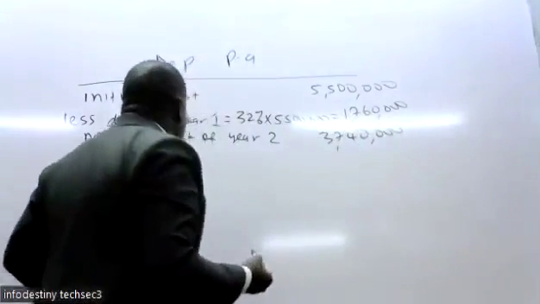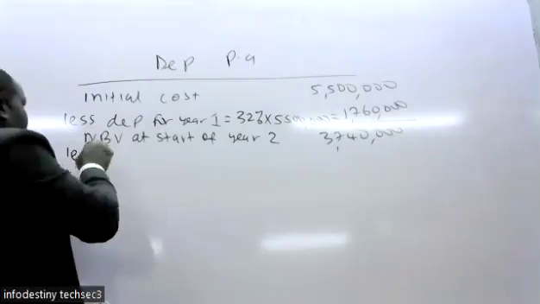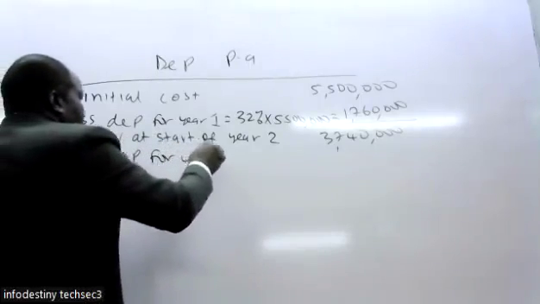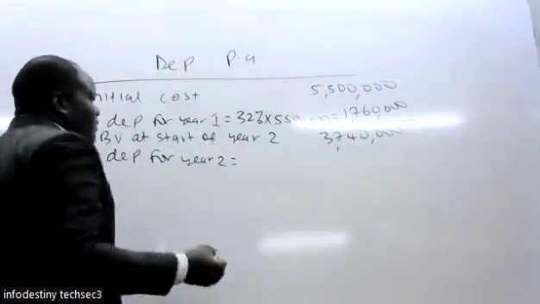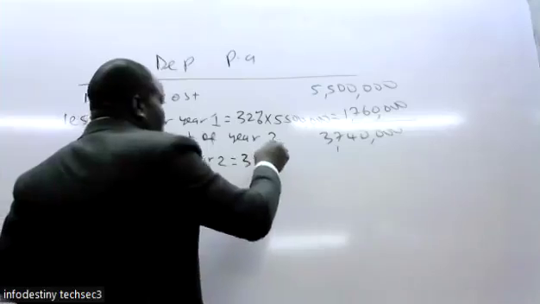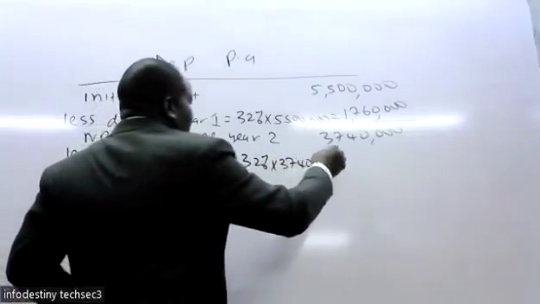Then we less depreciation for year 2. So depreciation for year 2, you also get 32% of 3,740,000.